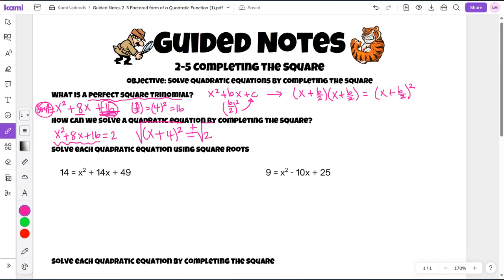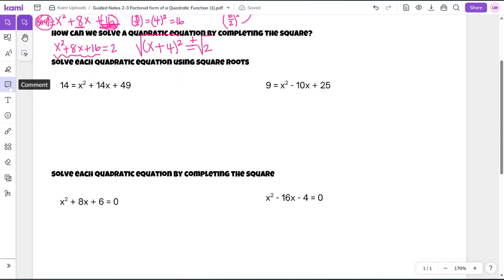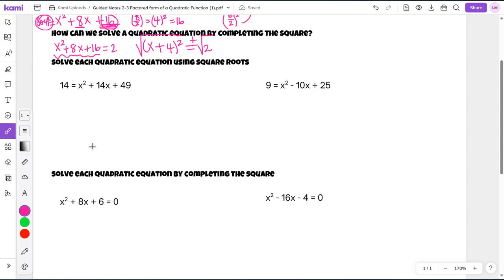All right, let's check out this next part. Solve each equation by using square roots. Similar to what I just did, I am going to factor this. I cannot take the square root like it is, either of these terms individually or the whole thing. I have to factor it to get to a binomial squared.